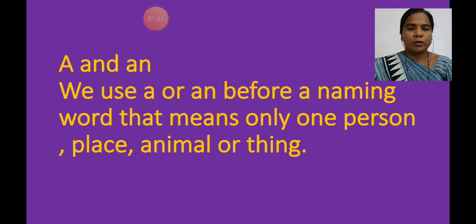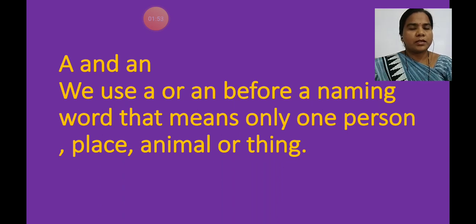Children, keep your finger on that first line and try to read along with me. We use a or an before a naming word, that means only one person, place, animal or thing. So children, here we use a or an before what?